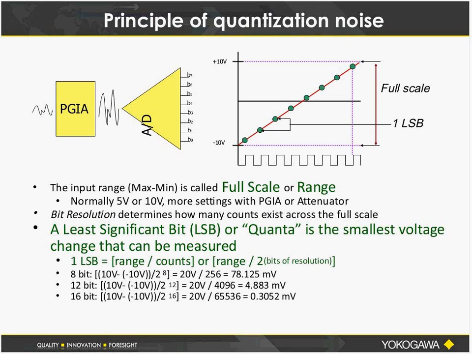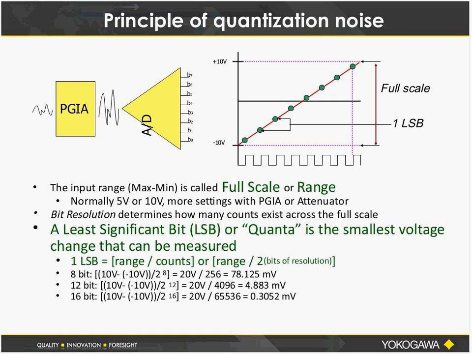Here's another view of it. Each data acquisition system, of course, is going to have an A to D converter, which will convert that analog signal into a parallel output of bits. And in this example, if we're measuring between plus and minus 10 volts full scale range, then we will have a minimum step size, which is called a least significant bit, LSB, or quanta.